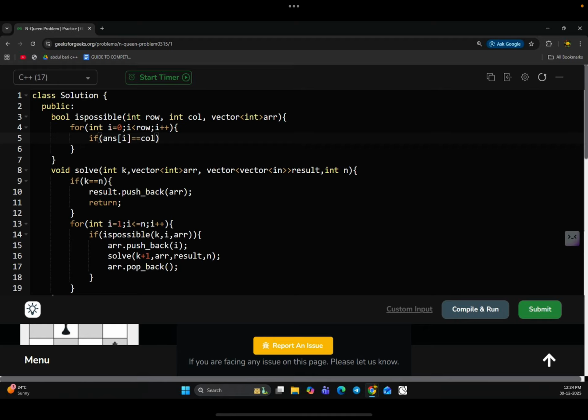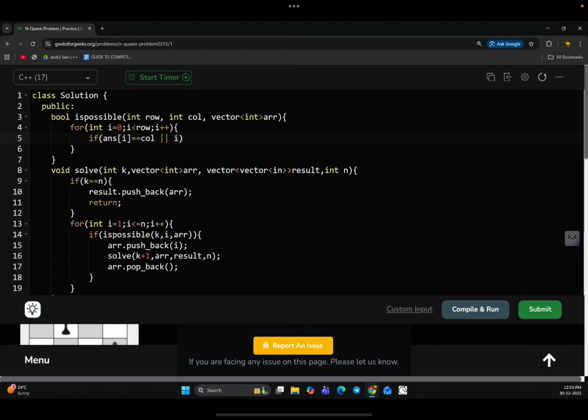So if answer of i is equal to column, or what was the condition, row 1 minus row 2 is equal to column 1 minus column 2, or this condition. Row 1, what is row? So row is this i. And answer of i is the column number.